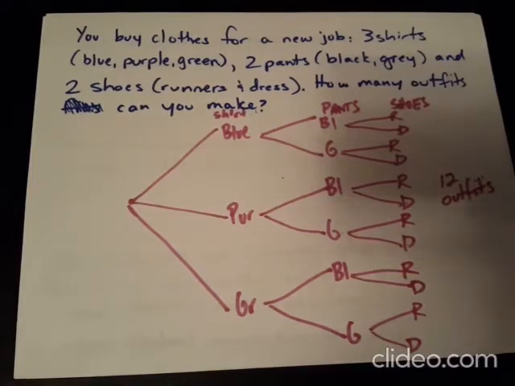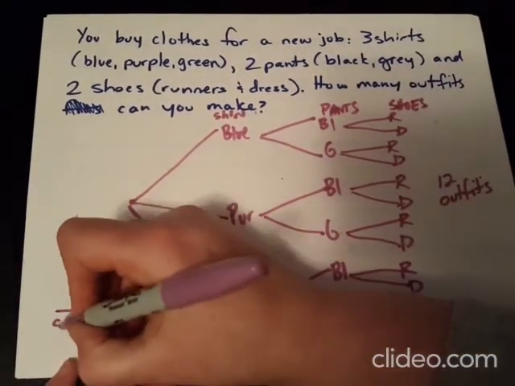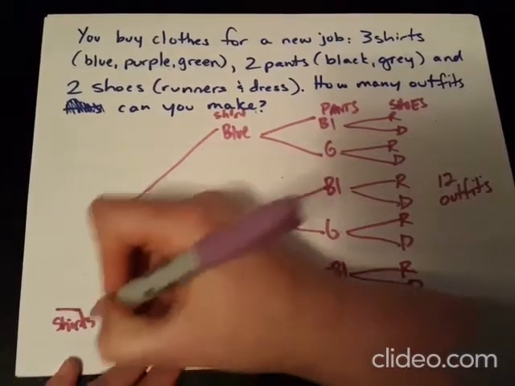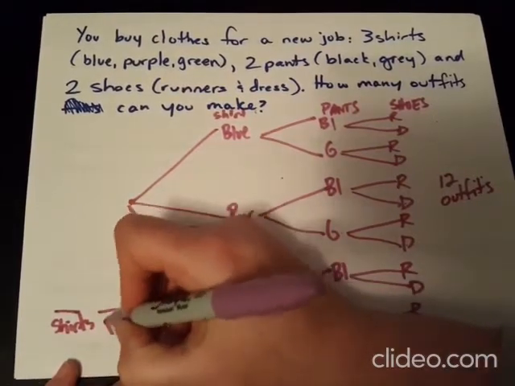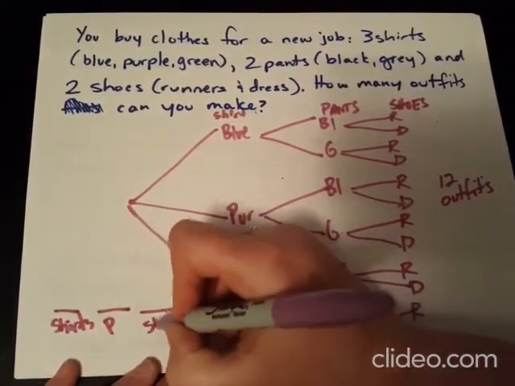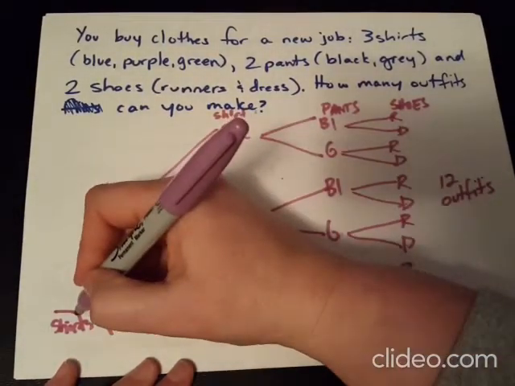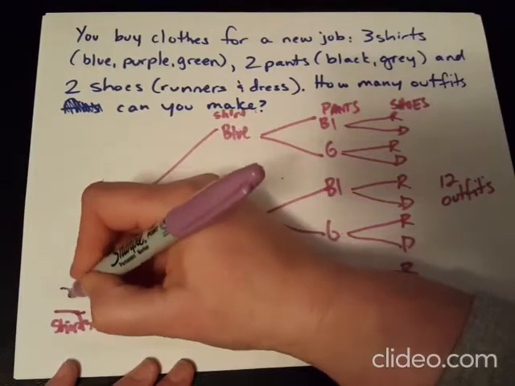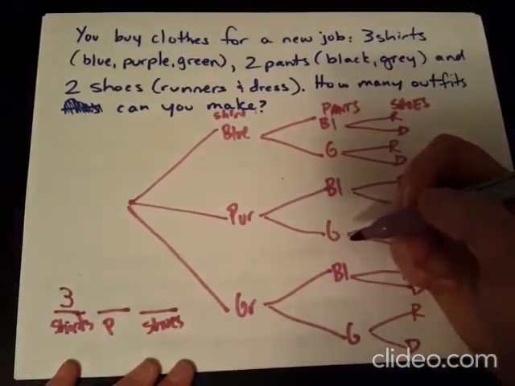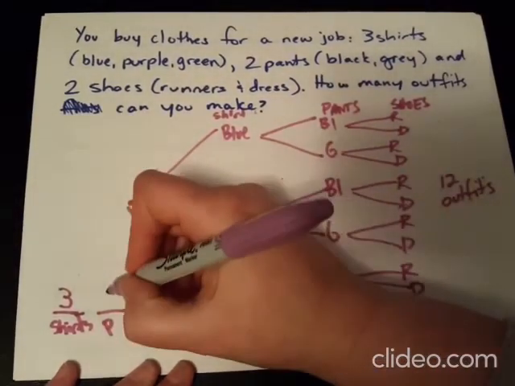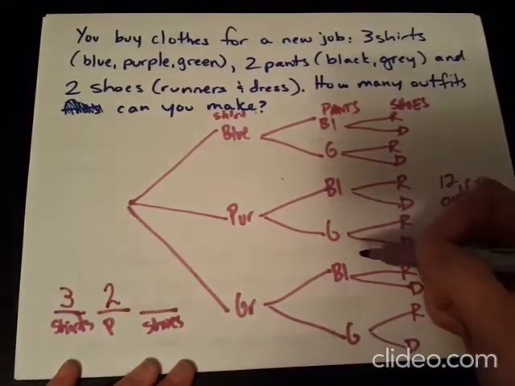So what we want to do is say, how many shirts do we have? How many pants do we have? And how many shoes are possible? So when I pick a shirt, I have 3 shirts to choose from. When I pick pants, there's 2 pants that I can pick from.